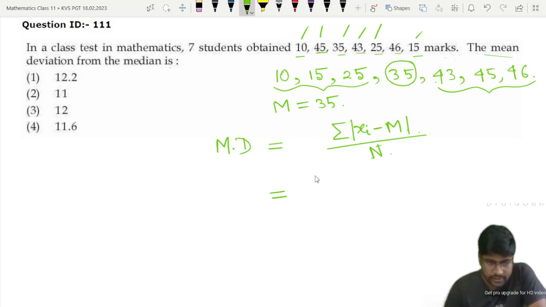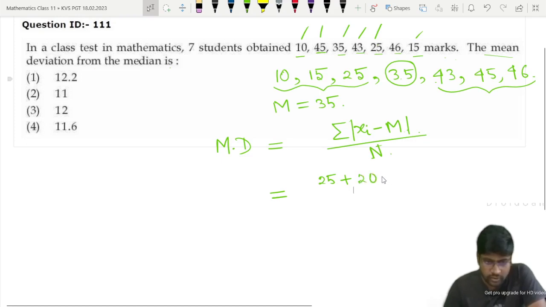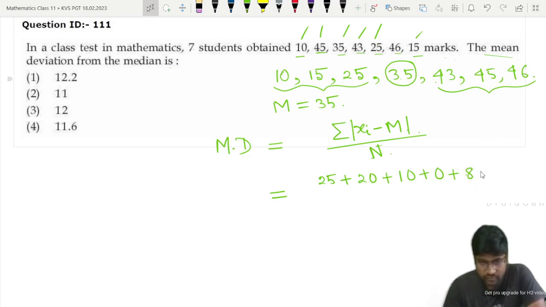First of all I will find 35 minus 10, that is equal to 25. Then 35 minus 15, that will be equal to 20. Now 35 minus 25, that will be equal to 10, and 35 minus 35, that will be equal to 0. Now 43 minus 35, that means 8. 45 minus 35, that will be 10, and 46 minus 35, that will be 9.